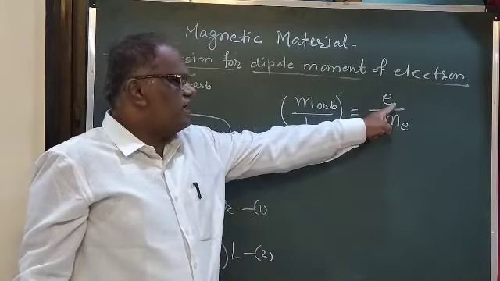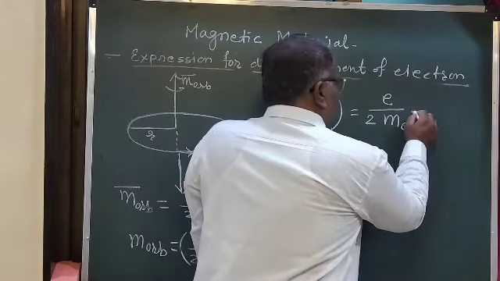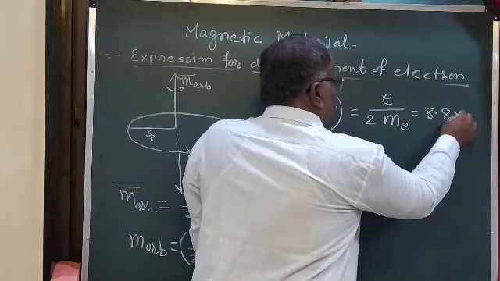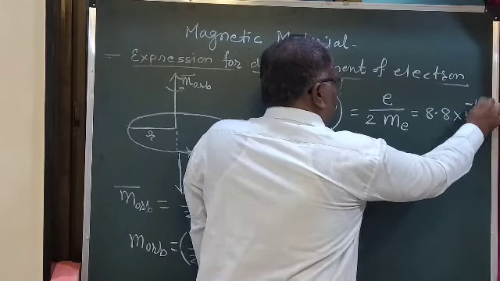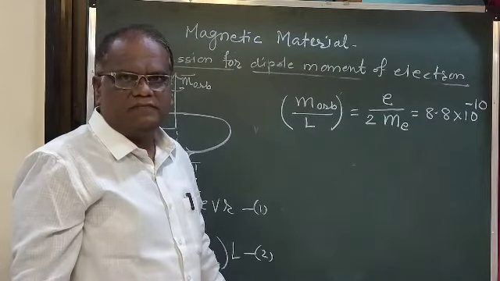Keeping the values of charge on the electron and mass of the electron, we get the answer 8.8 into 10 to the power minus 10. This is a constant quantity.